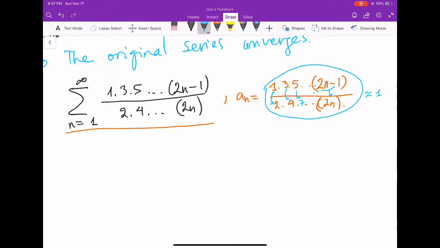We need to use comparison, right? If we think this series diverges, we need to show that this series is greater than some series that diverges.